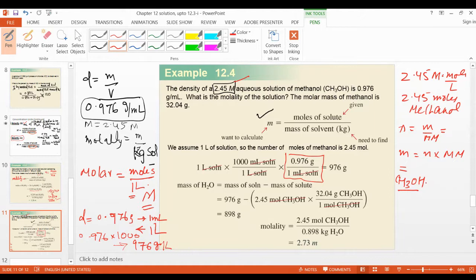So mass of methanol equals moles 2.45 multiplied by molar mass of 32.04.